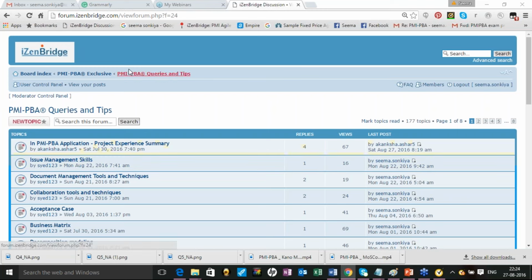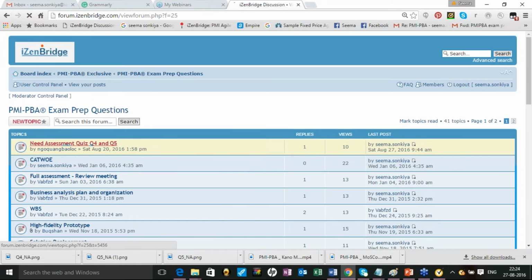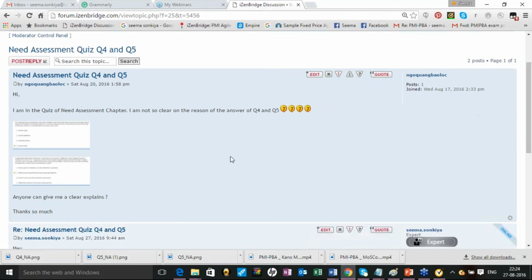For example, here I'm explaining what I'm trying to say. Here, you can see, I'm in the quiz of the need assessment chapter. I'm not so clear on the reason of answer 4 and 5. Now you are combining question number 4 and question number 5 in one thread.